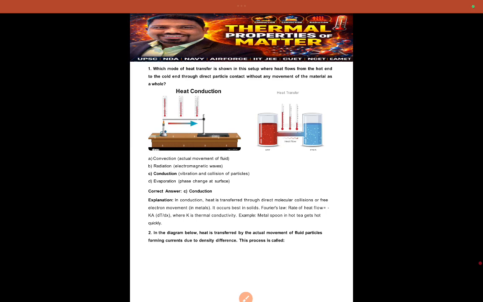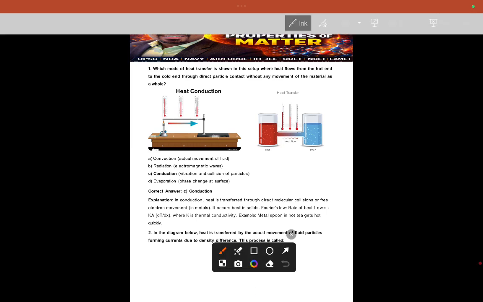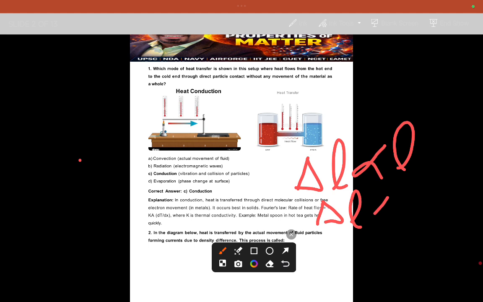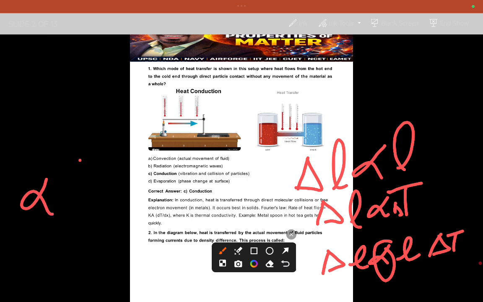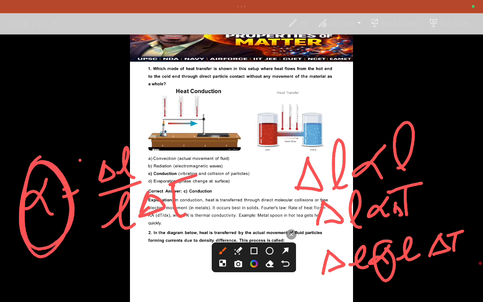The change in length is proportional to the original length. The change in length is proportional to the applied temperature. So the change in length is proportional to L and the small change in temperature. Remove the proportionality and you will get alpha equal to delta L by L delta T, and this is nothing but linear expansion.